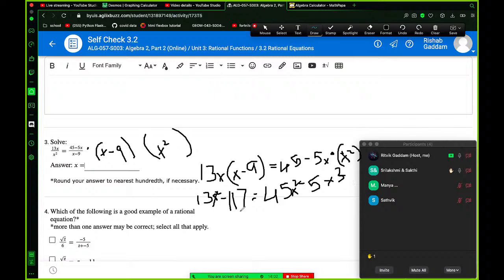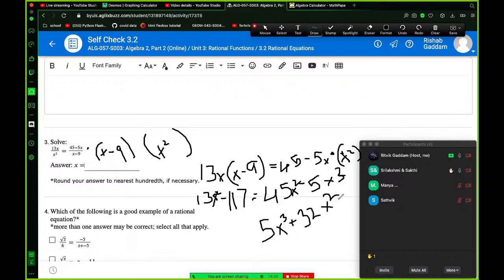And then I would subtract 13x squared on both sides. And then I would get negative 117.